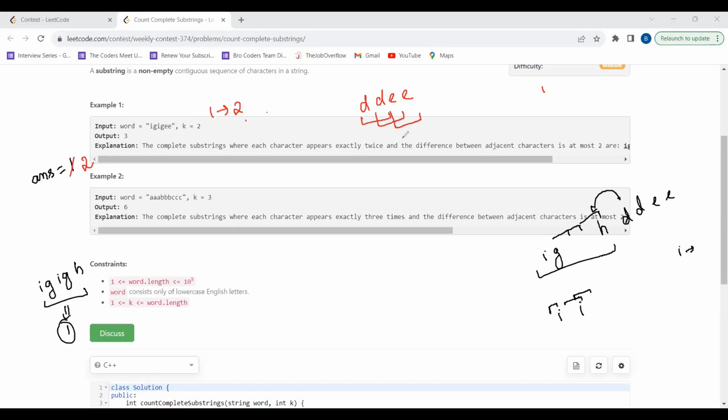It is EE. Now EE has one unique character, and it is occurring twice. Perfect. Now we got another complete string. And I hope everyone is familiar with sliding window. Anyone in the class who is not familiar with sliding window?